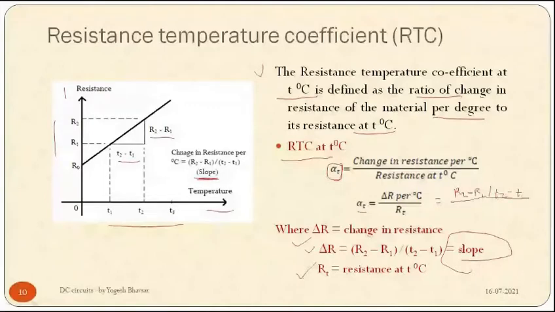This is the formula we get by using the definition. Change in resistance per degree Celsius is nothing but the slope of the characteristics. Very simple.